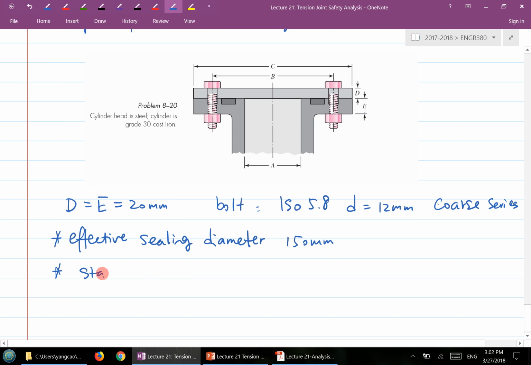And there is a static pressure of 6 megapascal. So internally there is basically the static pressure of 6 megapascal here.